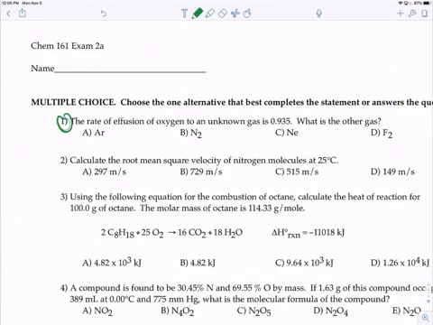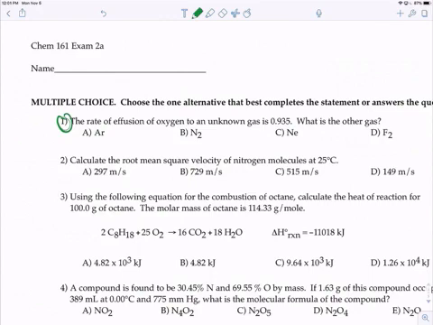You get an equation sheet, a periodic table, and constants. Believe whatever you need, and you can always ask for more during the test if you feel like you need more. Any questions?